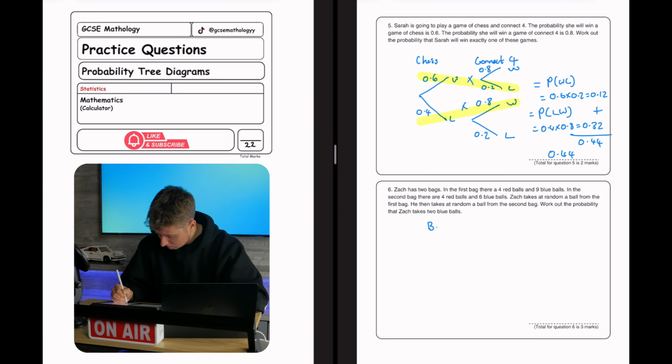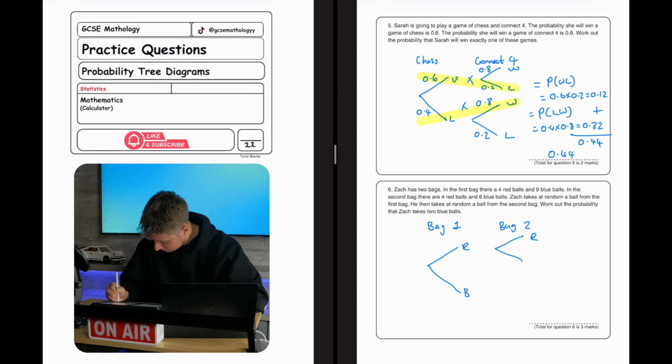So we've got bag number 1, and then we've got bag number 2, and the different colours are red and then blue. So this is our probability tree diagram. Now in bag 1 there are 4 reds and 9 blue. So 4 plus 9, that gives us our total, which is equal to 13.